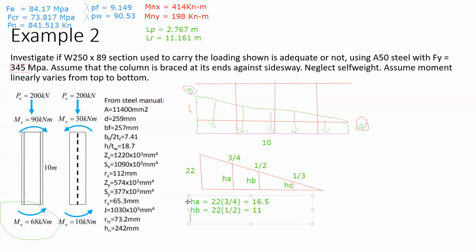And we have HC equal to 22 times 1/4. Bali, 5.5 po. Pero hindi ito yung final values nila kasi at the bottom, hindi siya 0, 68.